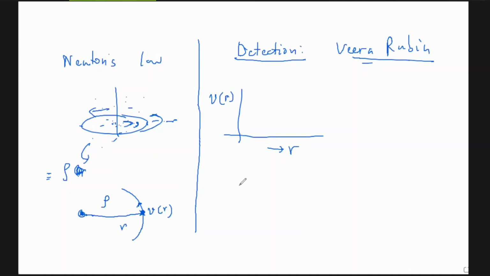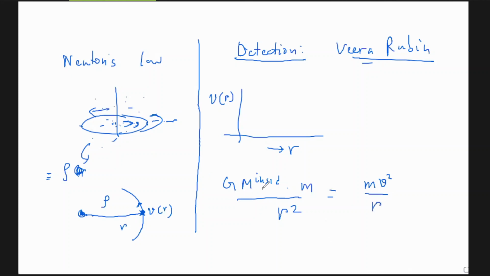So what is the force balancing? Who can tell me? Gravitational to centrifugal. So G times m inside, the mass inside, times the mass of the test particle, by r square, that is the force, is equal to m times, who can tell, what is the centrifugal force? v square by r, very nice.